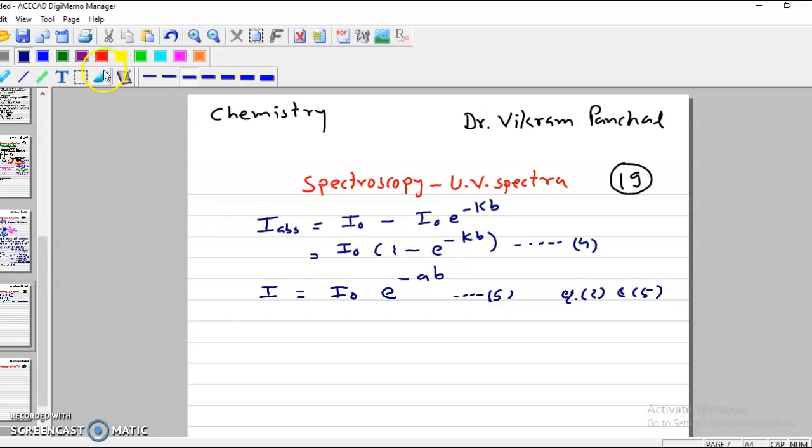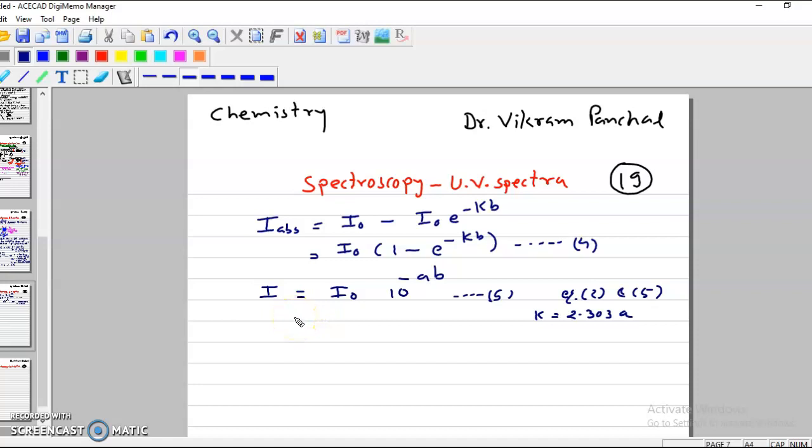Sorry, not to the base e, but to the base 10, raised to minus ab. In that case, k is equal to 2.303a. So on comparing equation 2 and equation 5, we will get this equation.